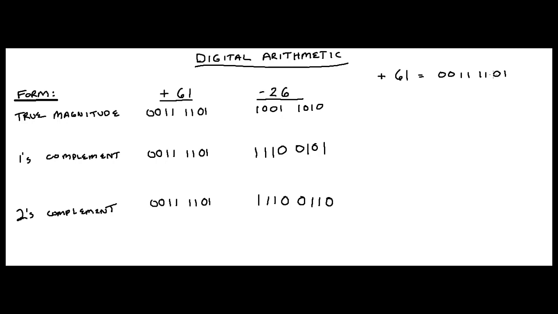Okay? Now, let's write down your negative 26. You know how to get the 2's complement. So we're going to write down this value, okay? What I'm going to do here is write down a negative 26. That's what we're going to be adding, right? Now look, this is the 2's complement form right here, okay? So I'm just going to put the 2's complement right here.